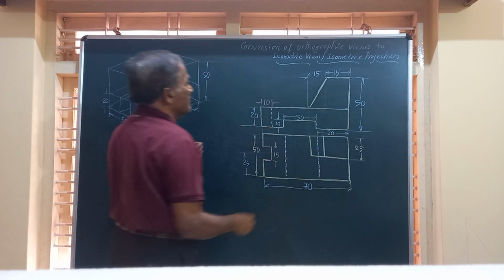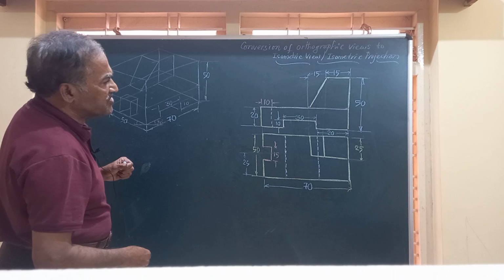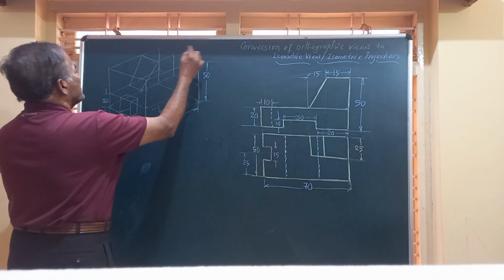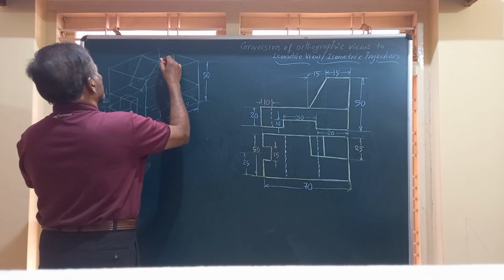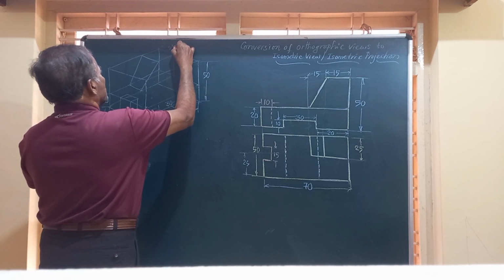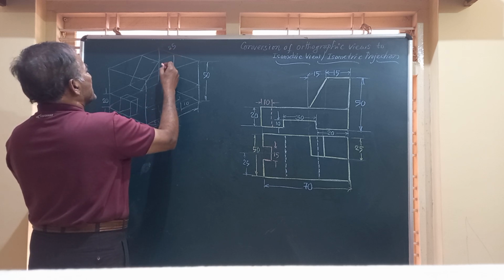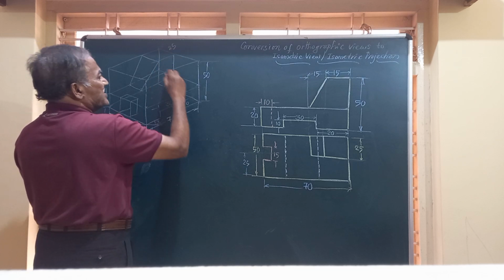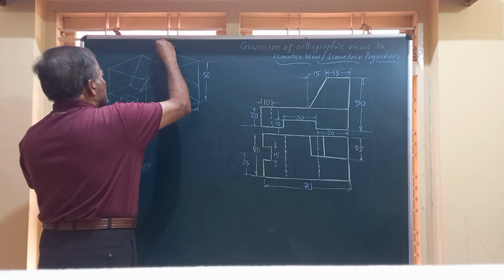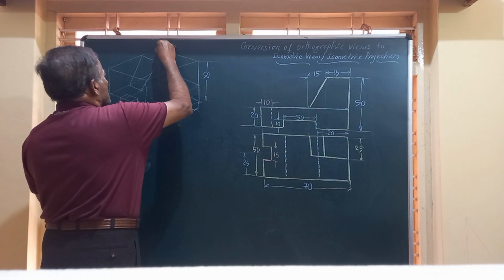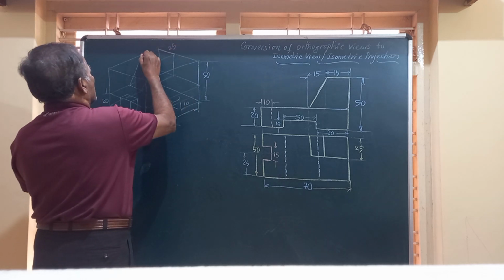That rectangle has a dimension 15 by 25. So along this is 15 and this is 25. I will mark it here 25, and in the front view you see it as 15. So that appears as a rectangle here. Hence I am going to mark it here in dark line.